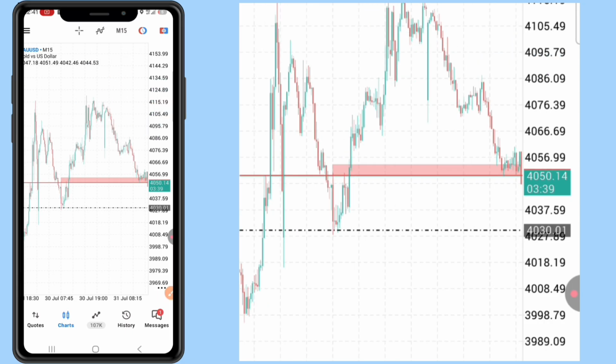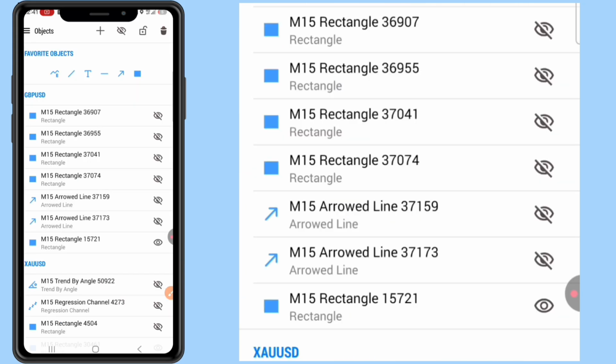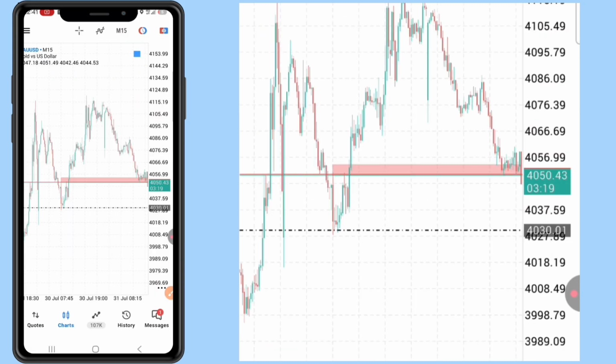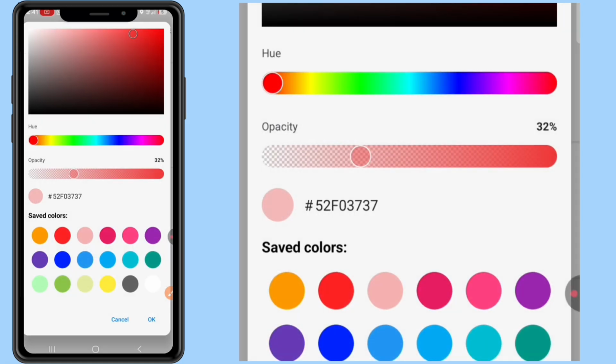Are you seeing how things are simple? Now we have identified this zone. Okay, let me get the box again and try to draw it right here. So this was our take profit zone. Now allow me to first edit it and change the color to green.